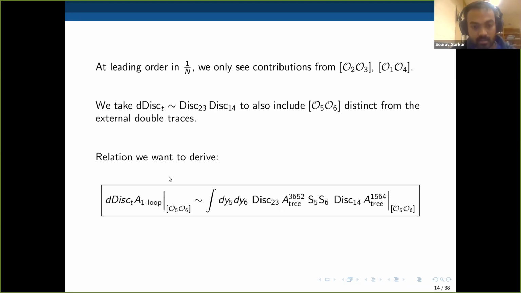Roughly, this is the kind of relation we want to derive: the dDisc of the correlator at order 1 over N to the 4 is given by a gluing of two single discontinuities, each of which is at order 1 over N squared, and we shadow transform two of the operators for one of the tree-level correlators.